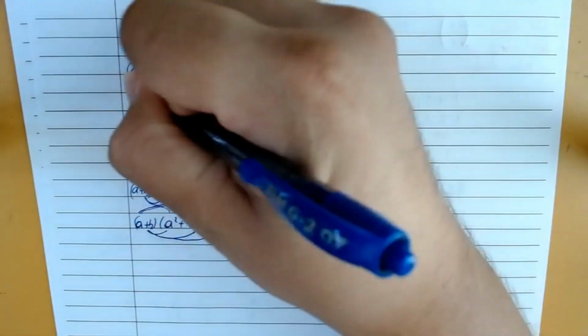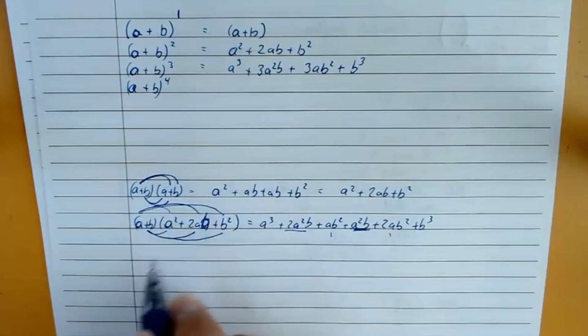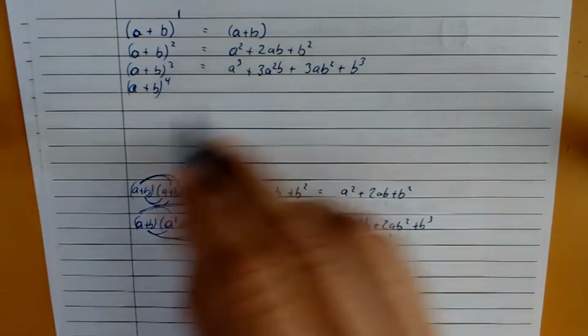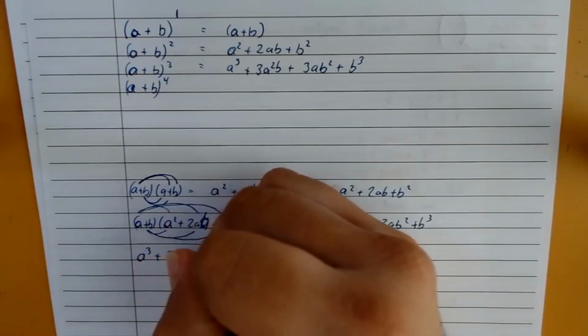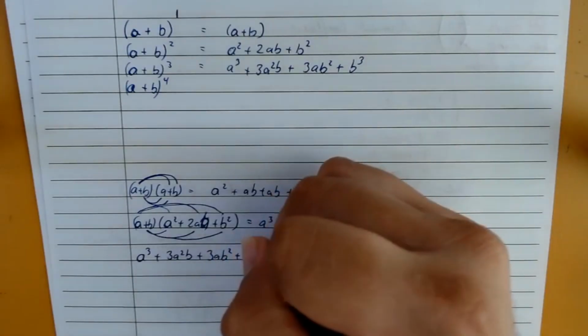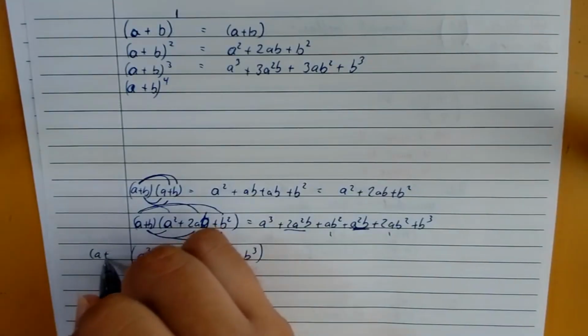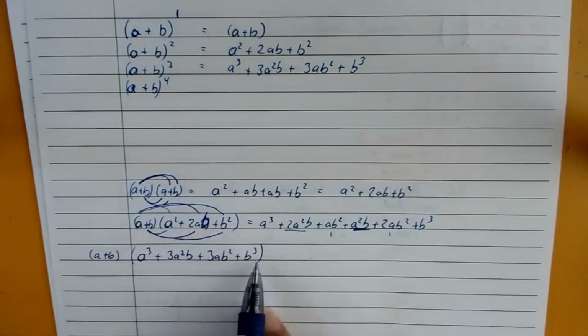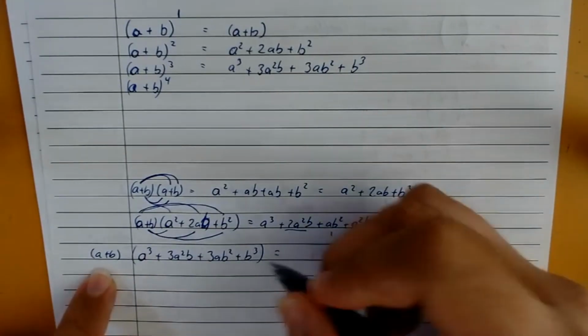Let's say a plus b to the power 4. Well, again, we already have a plus b to the power 3. That's this one: a to the power 3 plus 3a squared b plus 3ab squared plus b to the third. Let me put this one in front, and I'm going to multiply that a plus b to the third times another a plus b to give me a plus b to the fourth.